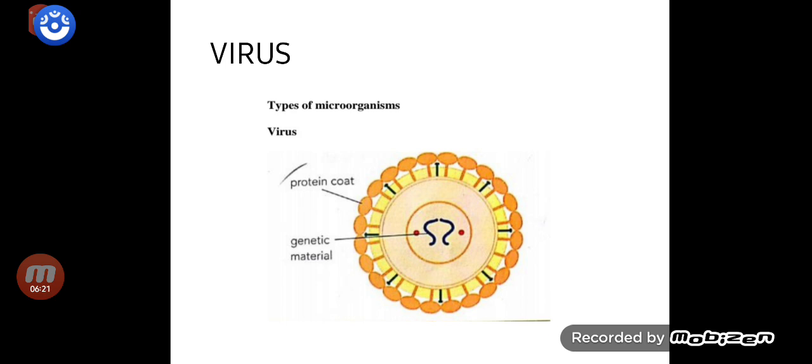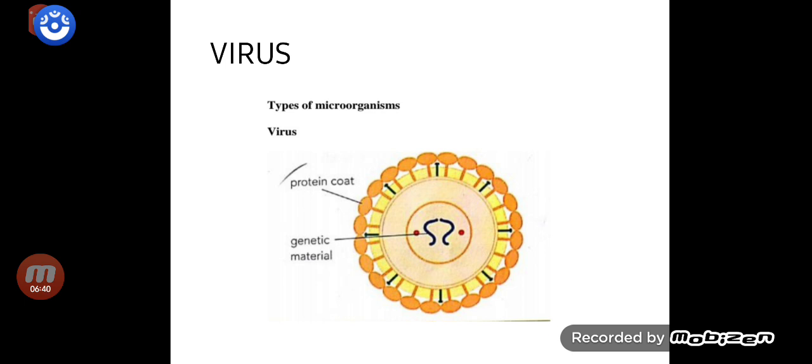That protein coat gives shape to the virus. It protects and shields the genetic material. As you can see, the genetic material is inside the protein coat.